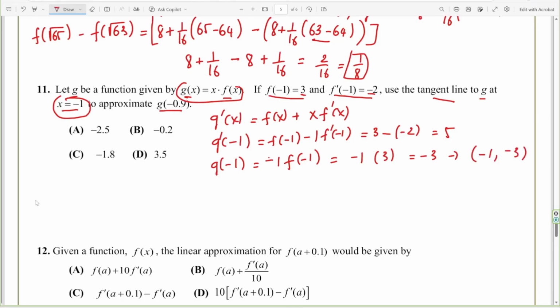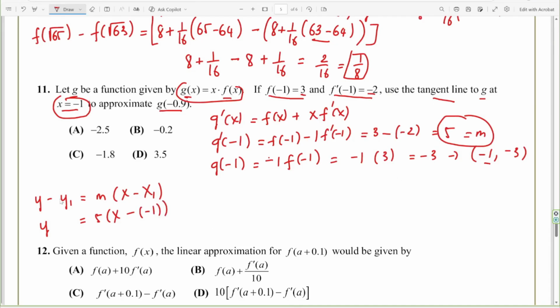Now we're going to use the equation y minus y1 equals m times x minus x1, right? m is 5 right here, right? So we substitute, so we have y equals 5 times x minus x1, which means negative 1 right here, right?